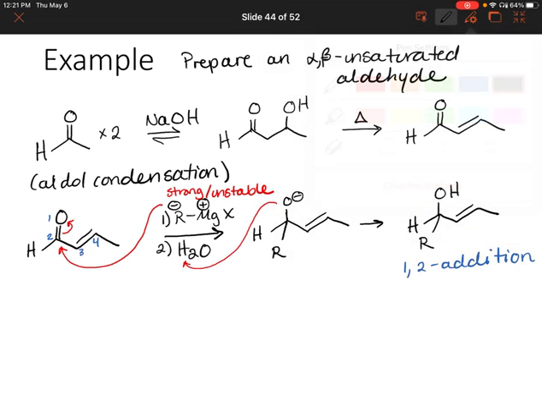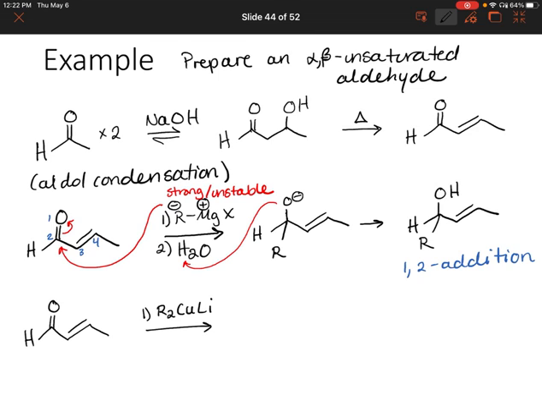Now, let's say instead of a strong and unstable nucleophile, we use something a little more stable. So let's use a Gilman reagent. Remember, this is an organocuprate molecule. It does pretty much the same thing that a Grignard reagent would. It does have an R group that attacks.